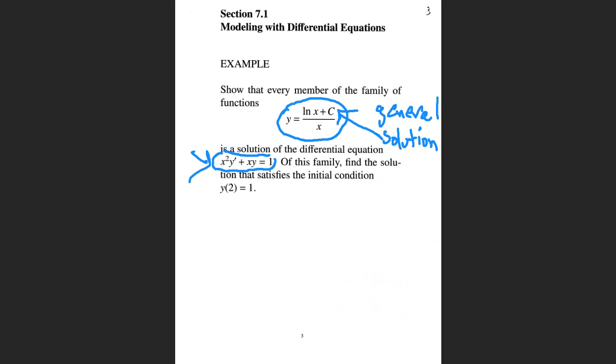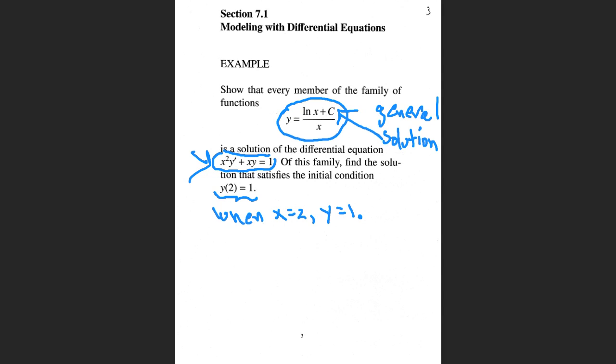Now, if we put in a condition, for instance, that y of 2 equals 1, this means when x equals 2, y equals 1.